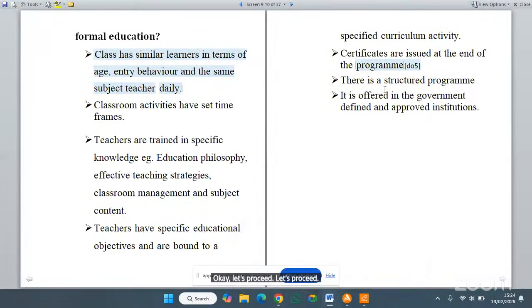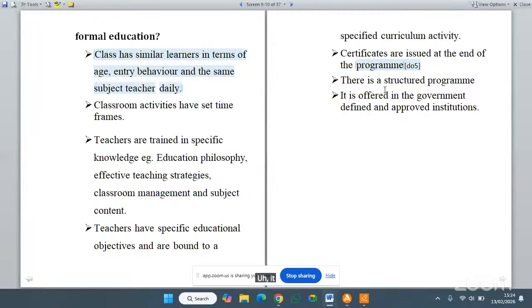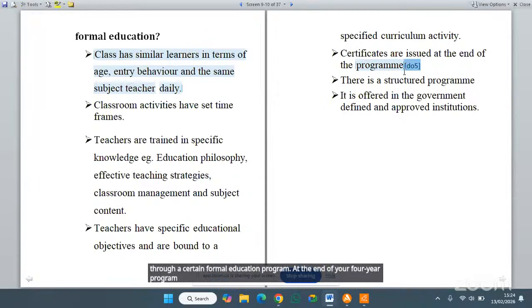So we're saying the characteristics of formal education include certificates being issued at the end of the program, and that is what is evidence of having gone through a certain formal education program. At the end of your 4-year program here, you are expected to demonstrate that by acquiring a degree certificate.